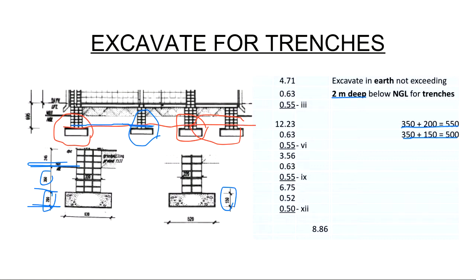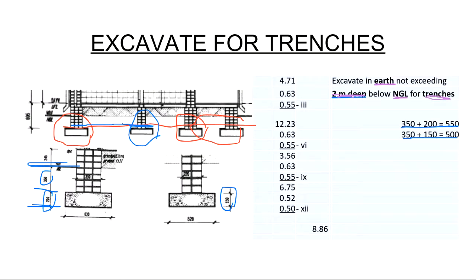You can see that I have put them in bold. So just to remind you, you must state what you're excavating in. You must state how deep the excavation is, from which level it is, and what are you excavating for. Okay?